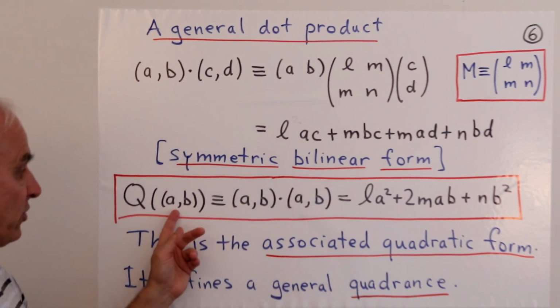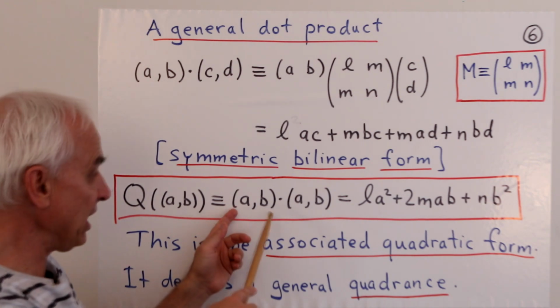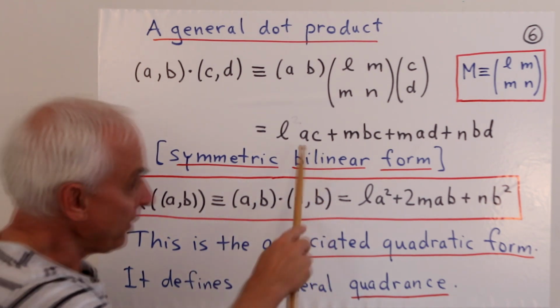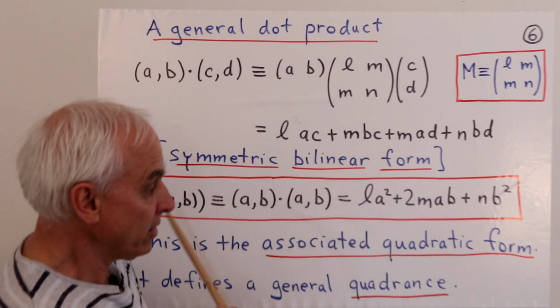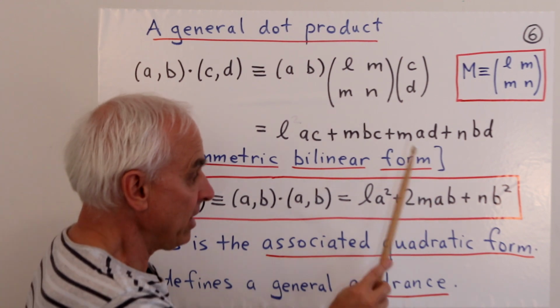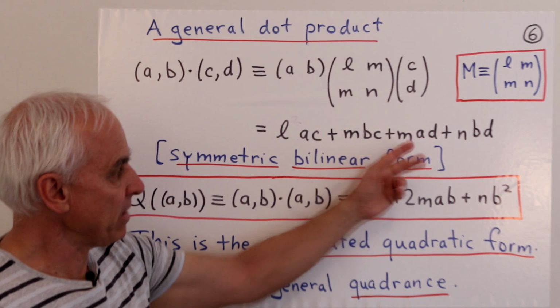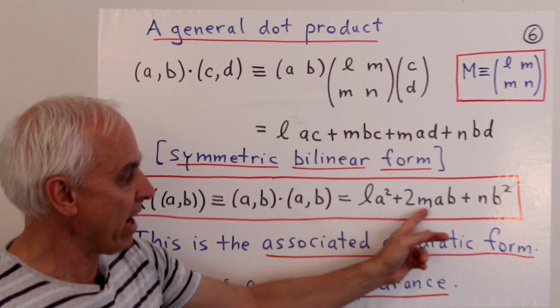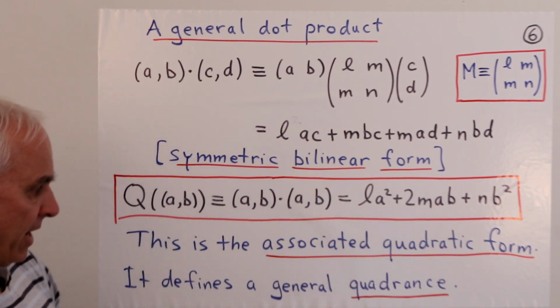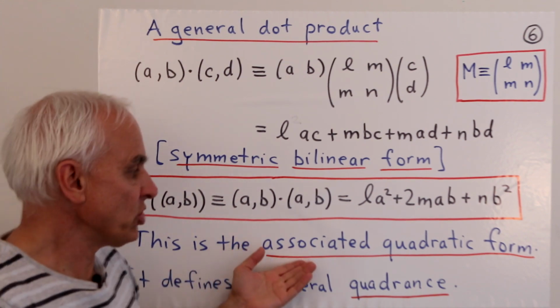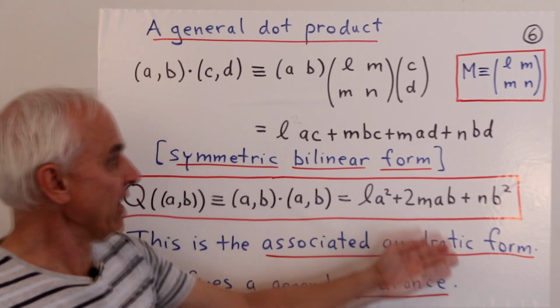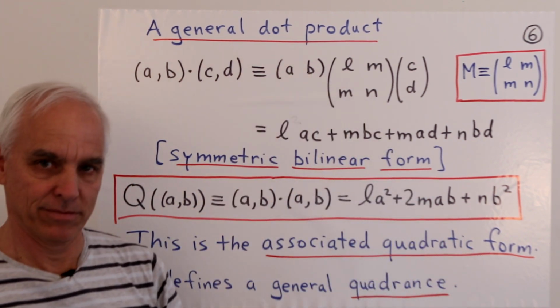So the quadrance of the vector AB in this context is AB dot AB, and then that becomes L times A squared plus 2MAB plus N B squared. So these 2 things here become equal, giving us this 2MAB. And this is the quadratic form associated to this bilinear form.